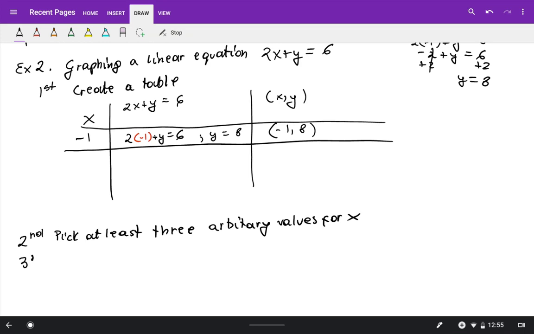And the third is to replace x with the value you picked.